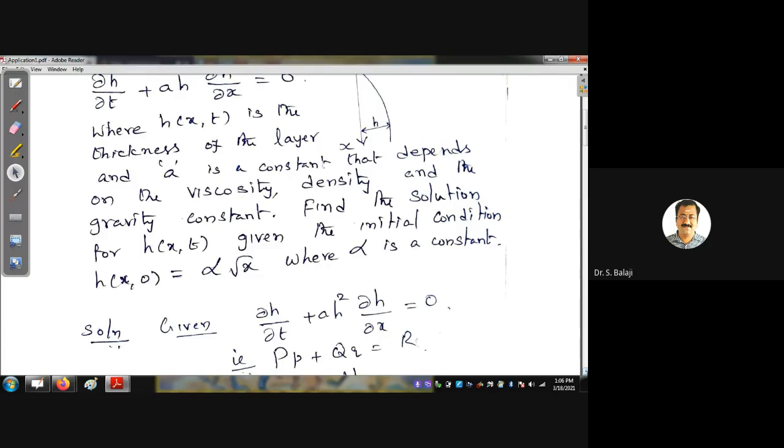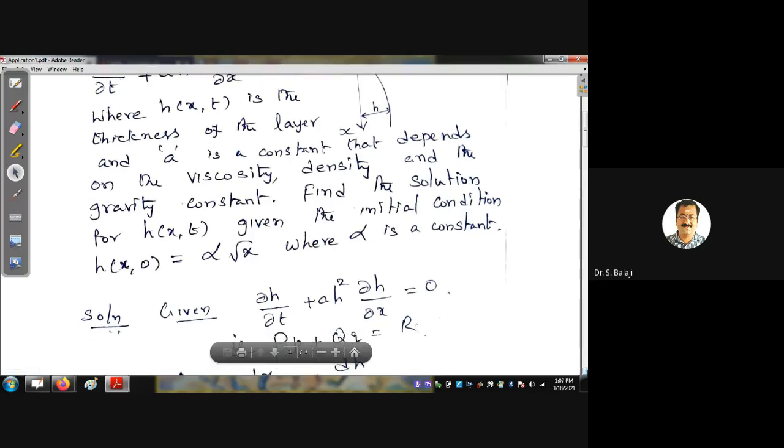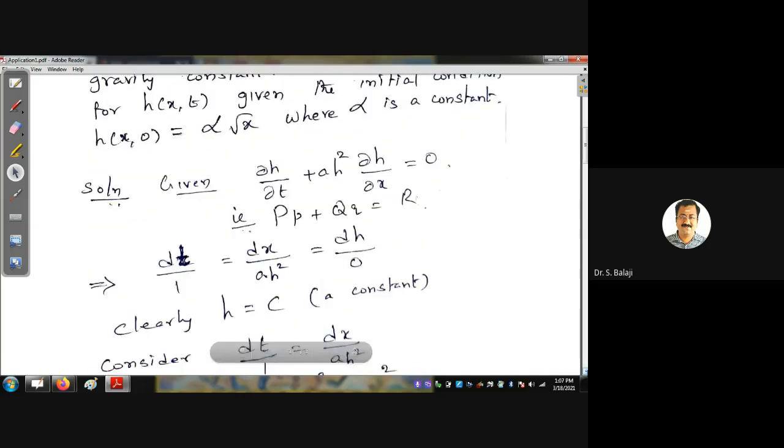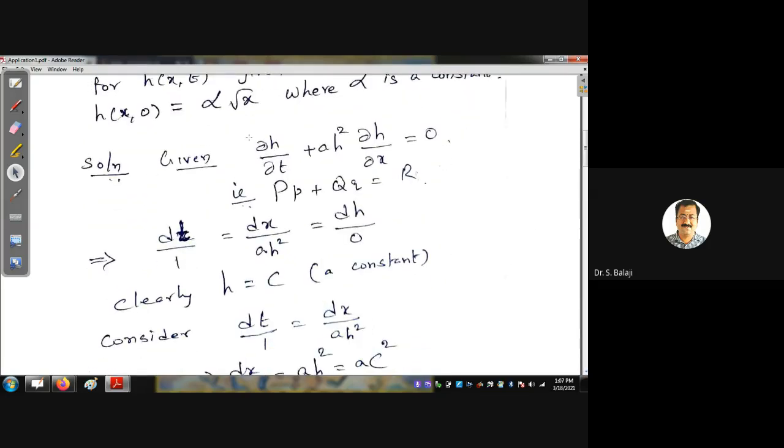The initial condition is given as h of x comma 0 equal to alpha square root of x. The equation we are going to solve is dou h by dou t plus a h square dou h by dou x equal to 0.